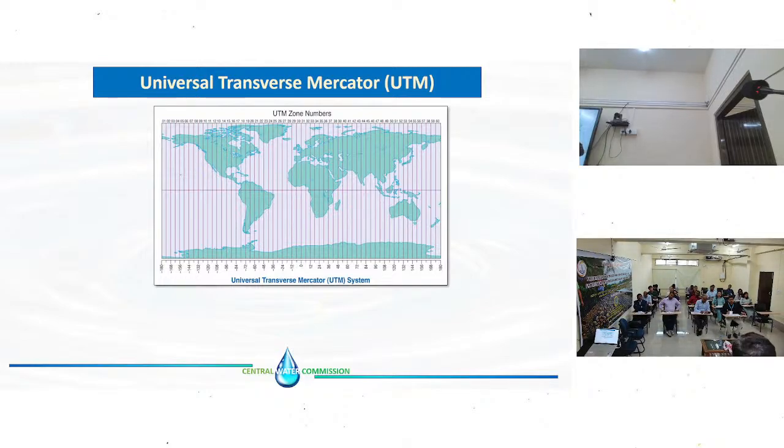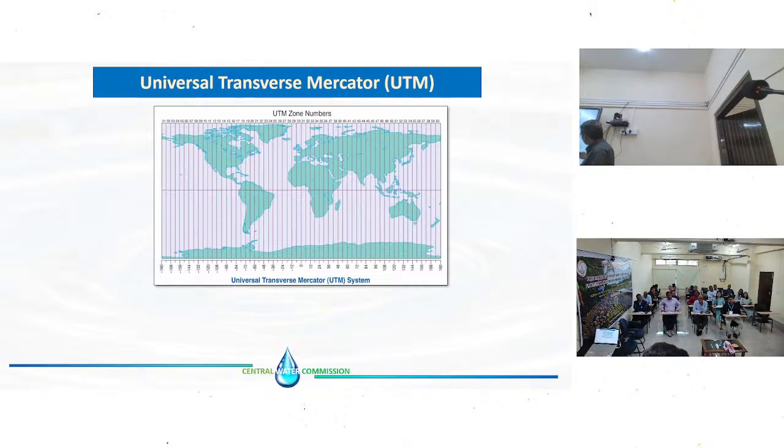How it is derived is, instead of placing your cylinder in the usual way, you place the cylinder in the transverse direction, then your sphere, your earth, will touch along one longitude, right? Then you take a 6 degree strip along that longitude, and then you open it, and it will look something like this. Half of it in the northern hemisphere, half of it in the southern hemisphere.